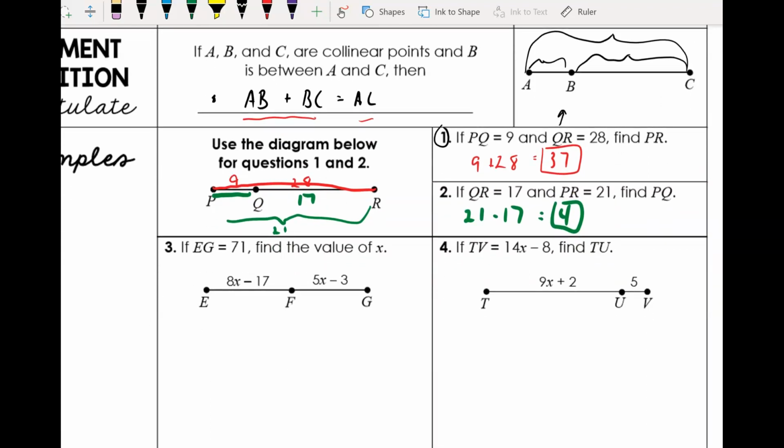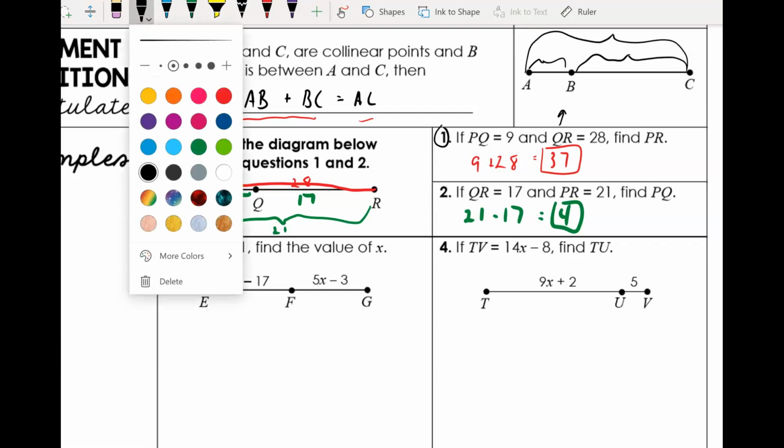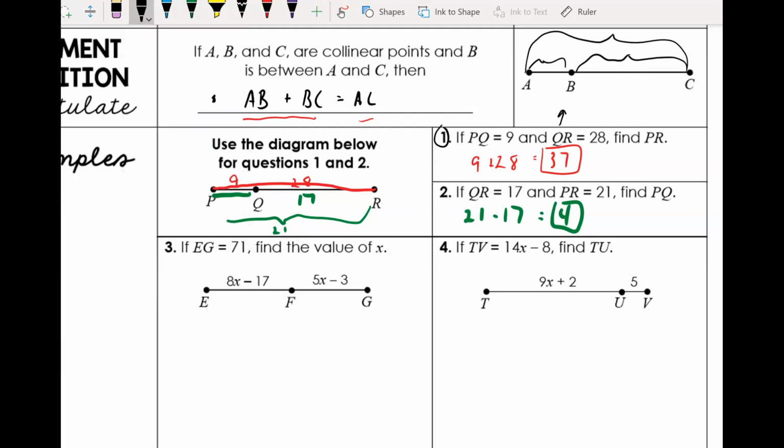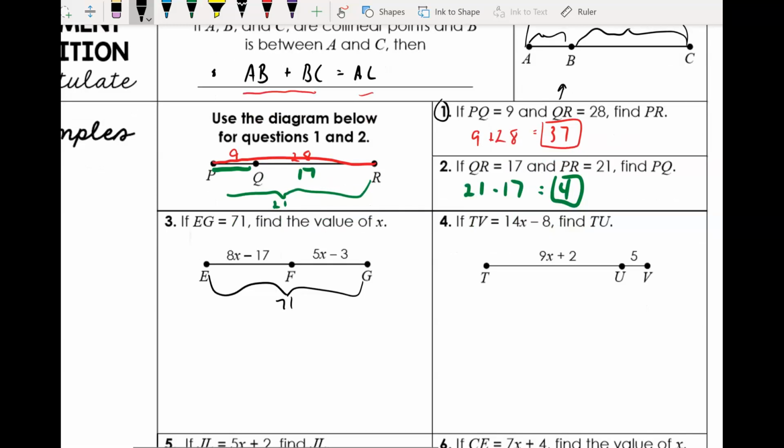Okay, a little bit of algebra here. So if EG, the whole thing here, is 71, let's find the value of x.